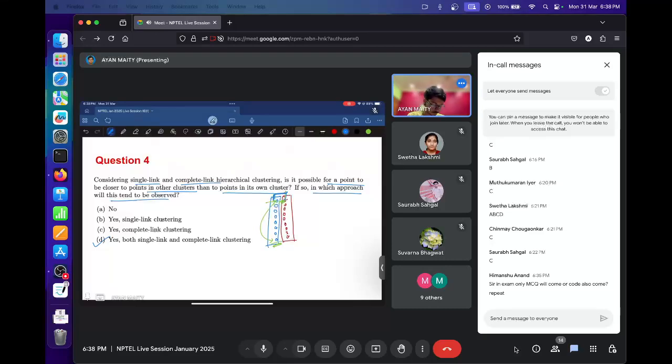It can happen in single link clustering, and in complete link clustering it happens quite frequently, because in complete link clustering we merge two clusters using the complete link distance, which is the furthest distance between the two clusters. If there are two clusters, the complete link distance is the distance between this point and this point, while the single link distance is just the closest distance between the two clusters.